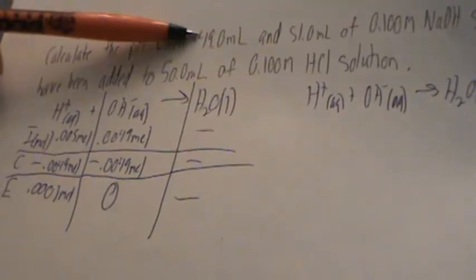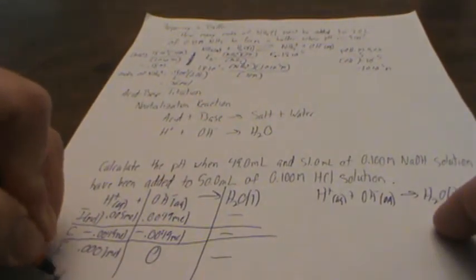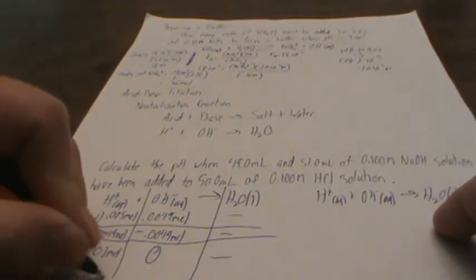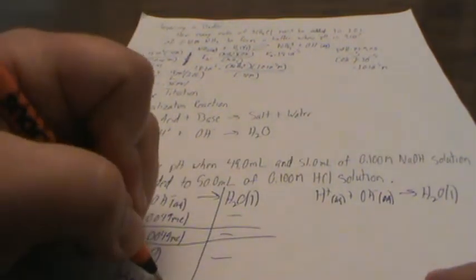Now, since we do have moles of hydrogen, we can figure out our concentration and our pH. We added in 49 milliliters of sodium hydroxide, and we have 50 milliliters of HCl. So that would give us 99 milliliters of solution.